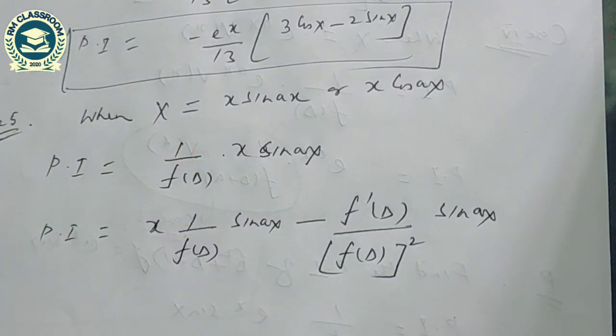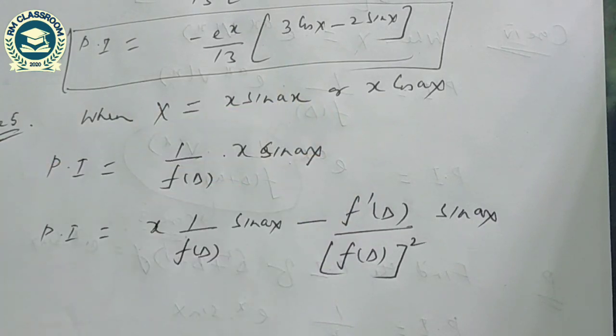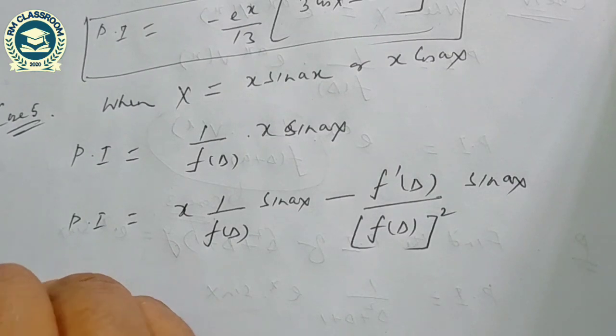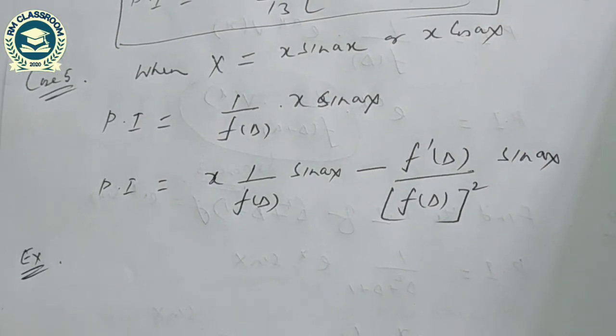Or if it will be x cos ax, so x 1 by f of D cos ax minus f dash D by f of D whole square sin ax. So one example on this pattern.